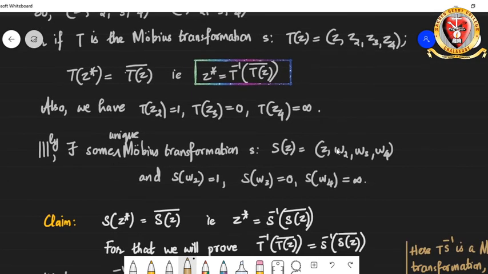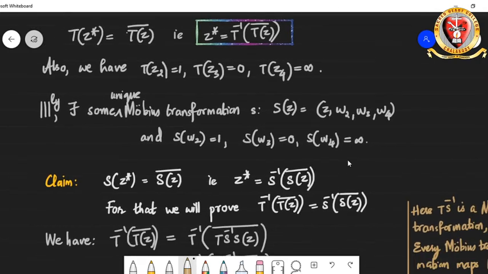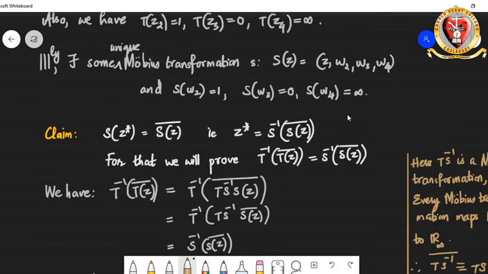And similarly, suppose we are taking the cross ratio with W2, W3, W4, it will also correspond to a unique Mobius transformation, call it S of Z, which also maps W2, W3, W4 to 1, 0, infinity respectively.